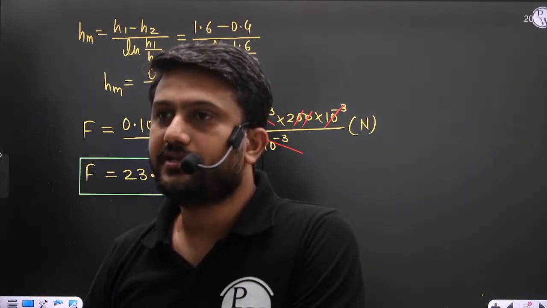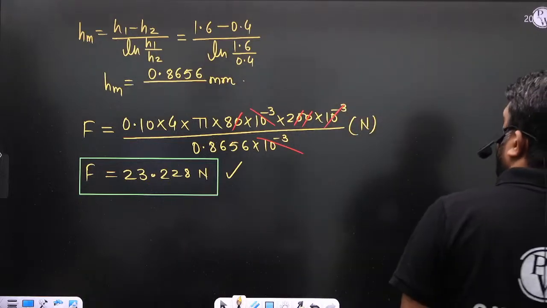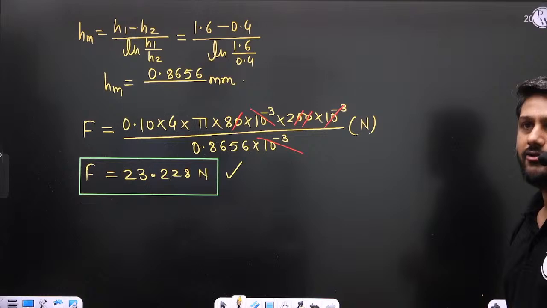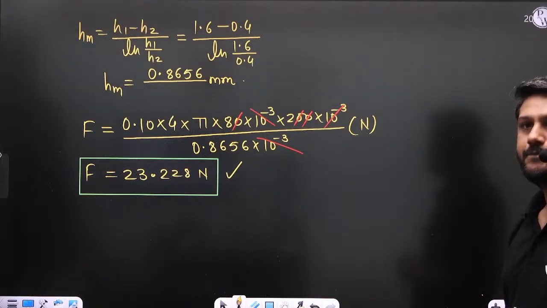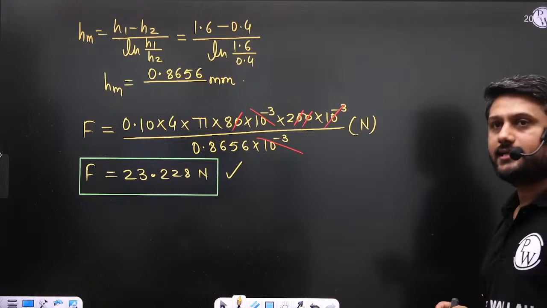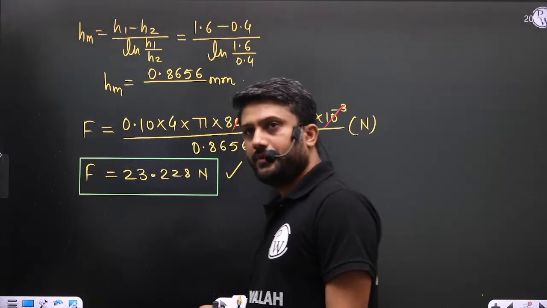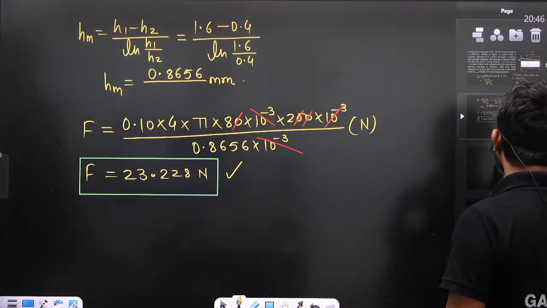It is not 0.023, it is 23.3. 23.3 or 23.228 Newton is the right answer, so please check your calculation part. Now it is clear? This question is clear or not?